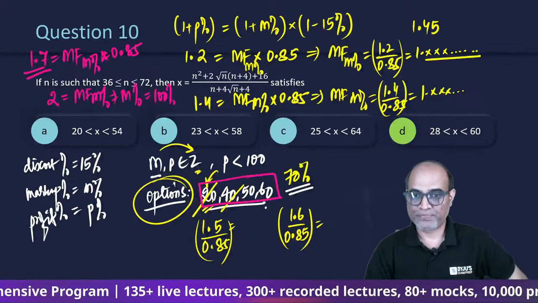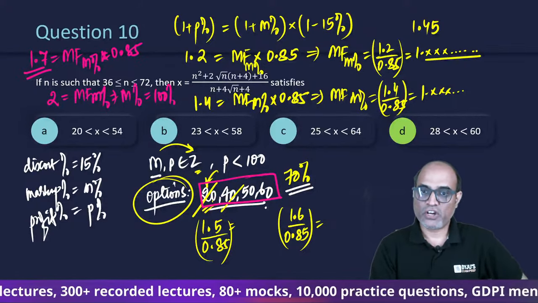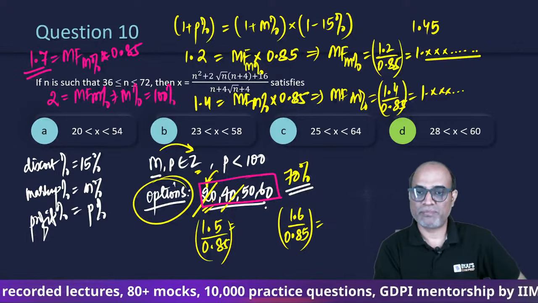So Ronnie, when you said which of the following is not a possible value of M?